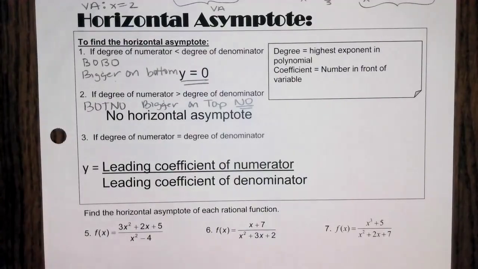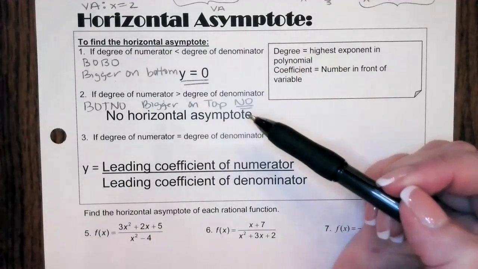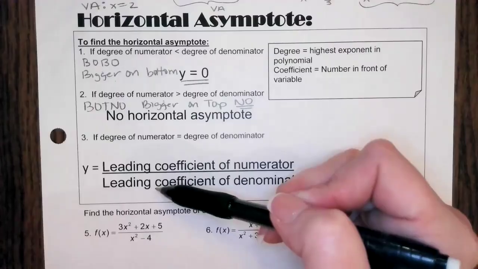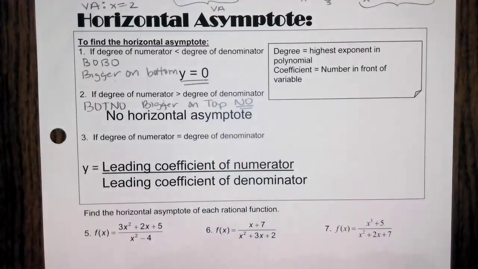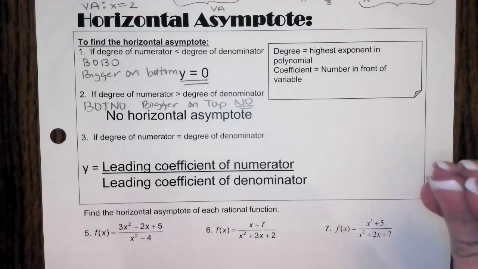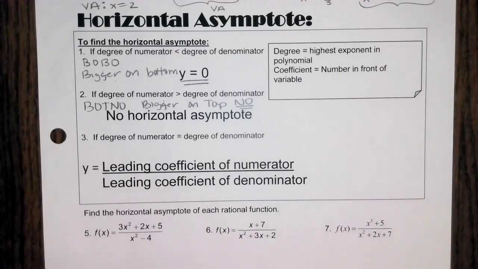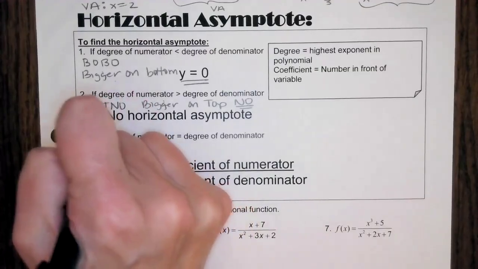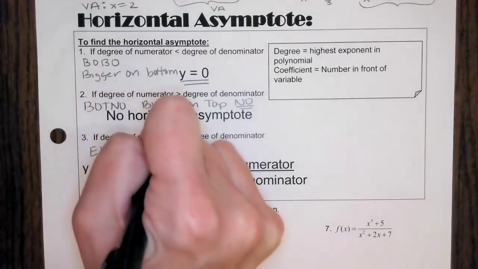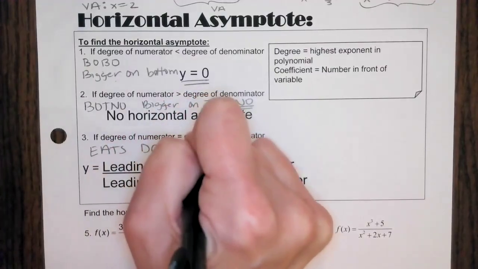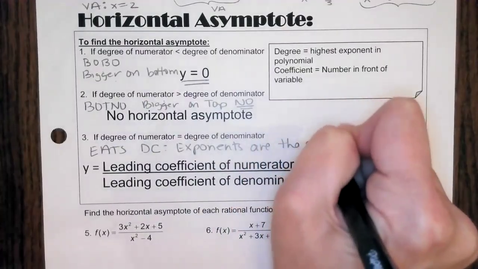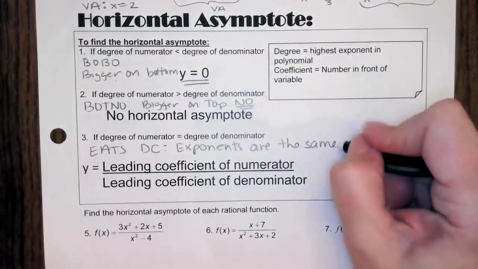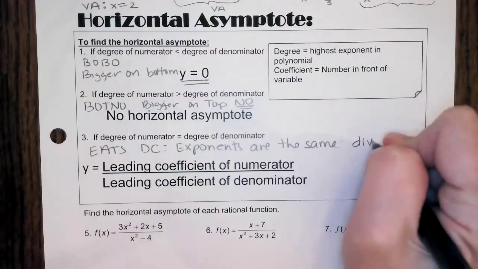For the third one, if the degree of the numerator is equal to the degree of the denominator, so my highest exponent in the numerator is equal to the highest exponent of the denominator, then we are going to divide the coefficients. And remember, the coefficient is the number in front of the x term. Okay? You'll hear me refer to that as EATS DC. Exponents are the same. Divide coefficients.